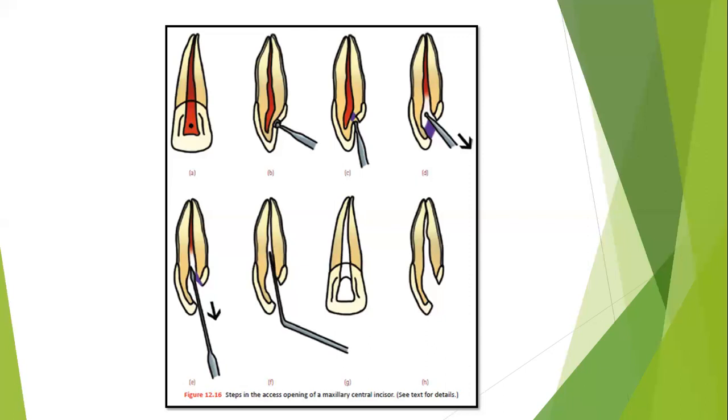And then finally, you can start with the maxillary central incisor access cavity preparation. Just give an introduction about the morphology, the length, the size and shape of the pulp chamber, and finally how you do the access cavity preparation, the angulation, and with which burr you are starting the preparation. So finally, you have to draw this diagram also. In this way, you have to frame the answer.